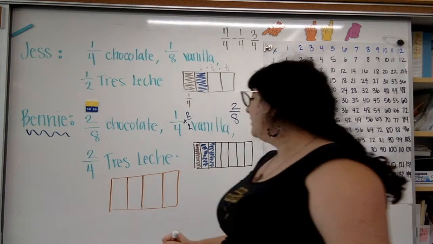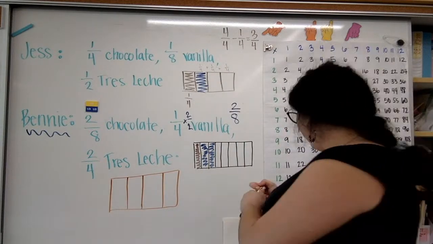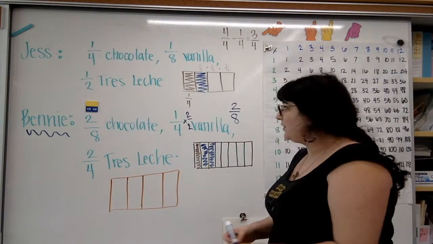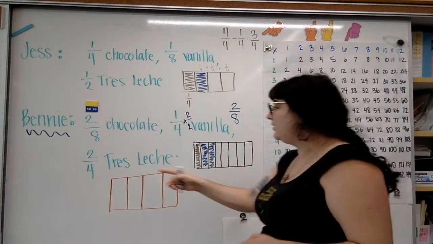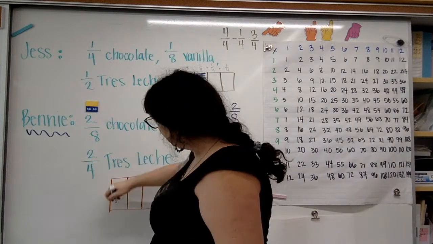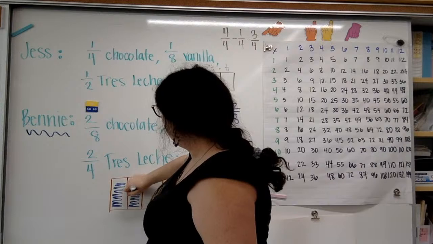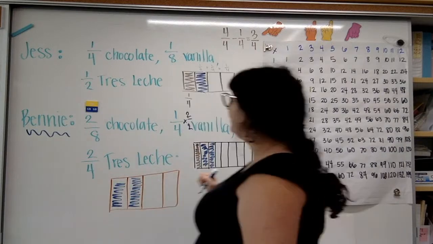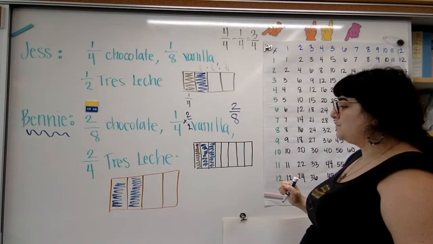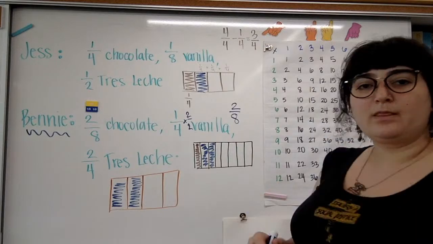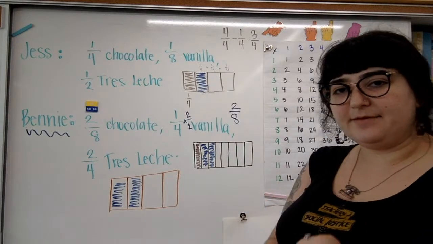Let's represent how much Benny has eaten, since we're already in the fourths. Well, let's take a look. 2 of the pieces have been eaten by Benny. Is that ringing any bells for anybody?